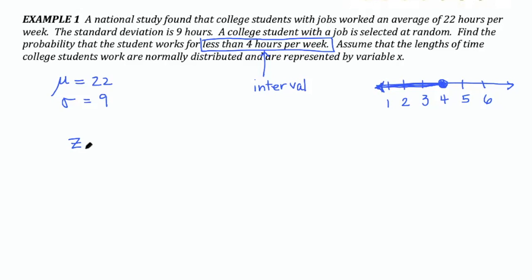So I want to find a z-score that corresponds to 4, knowing the mean and the standard deviation. So remember, our formula is we take the value minus the mean and divide by the standard deviation.